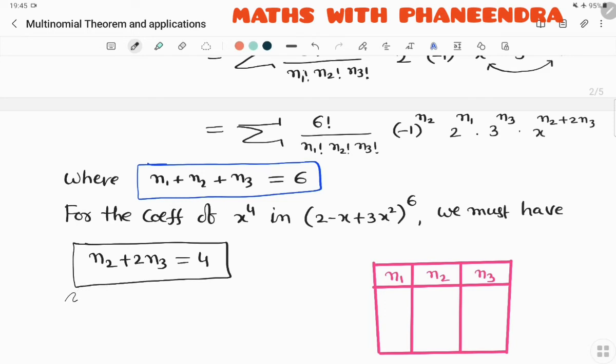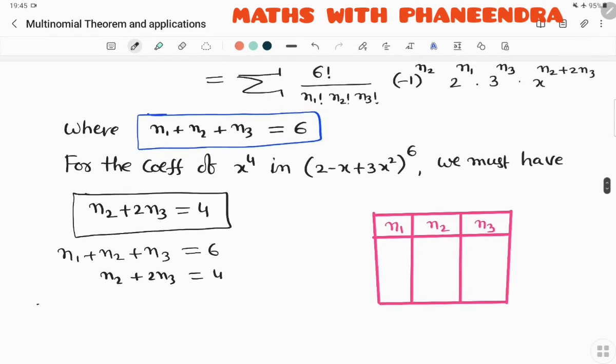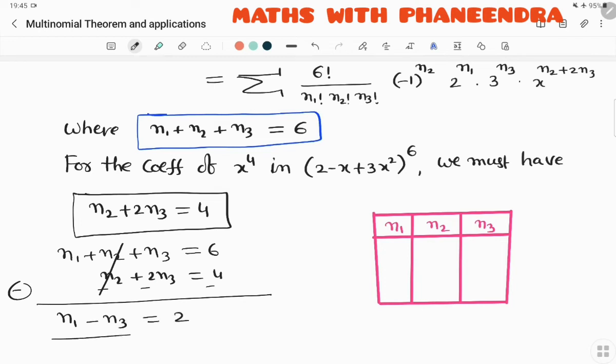So solving these equations, n1 plus n2 plus n3 is equal to 6, n2 plus 2n3 is equal to 4. Now I am subtracting one equation from the other. So n2, these two will be cancelled. So n3 minus 2n3 is minus n3, is equal to 6 minus 4, which is 2. So here n1 minus n3 is equal to 2. This is also another equation we have.